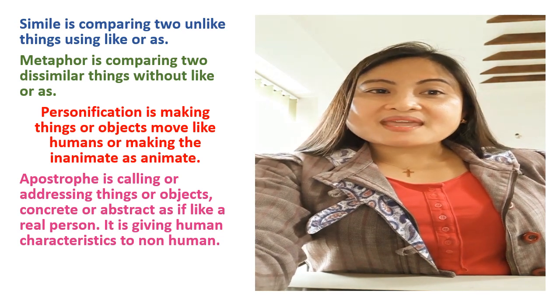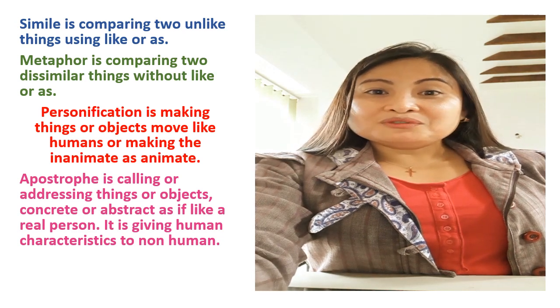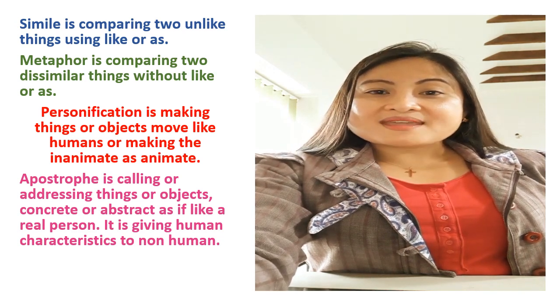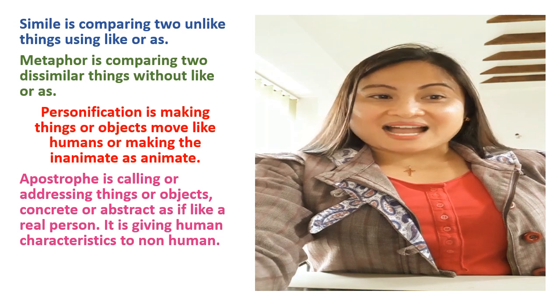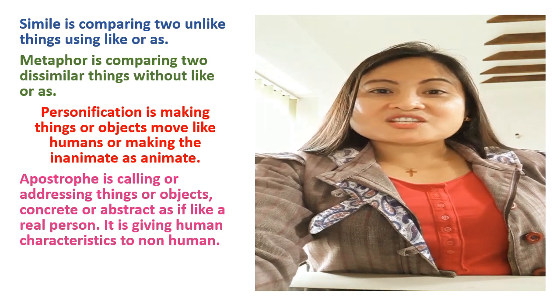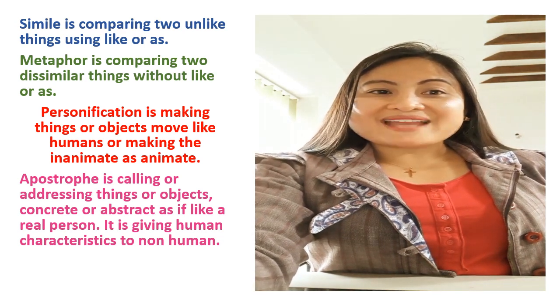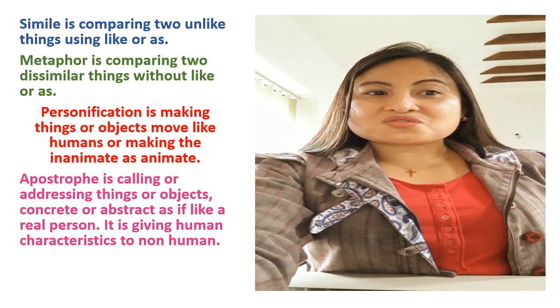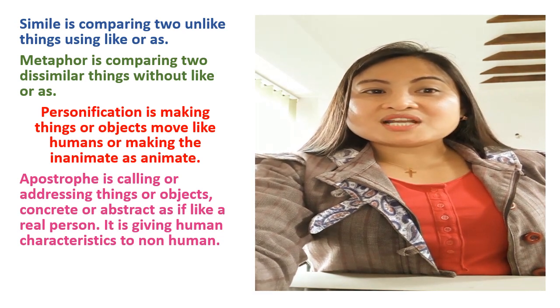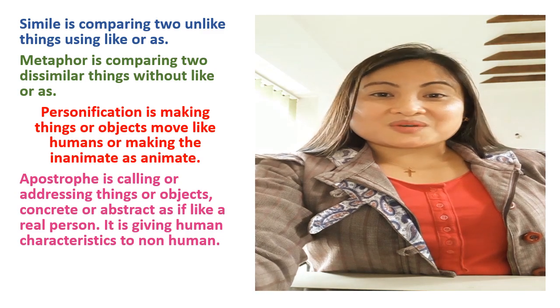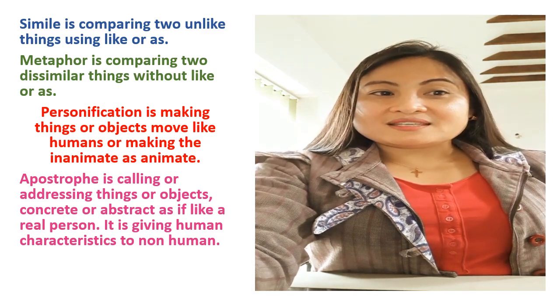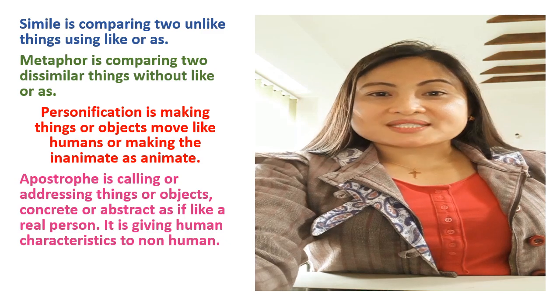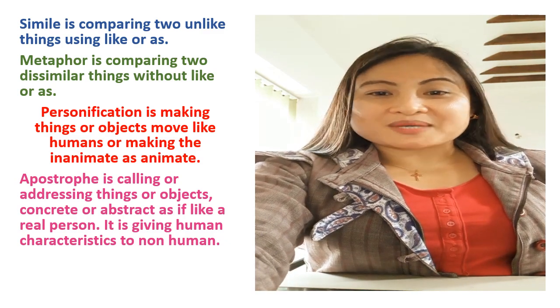Personification is making things or objects move like humans, or making the inanimate as animate. Apostrophe is calling or addressing things or objects, concrete or abstract, as if like a real person. Like personification, it is giving human characteristics to non-human.